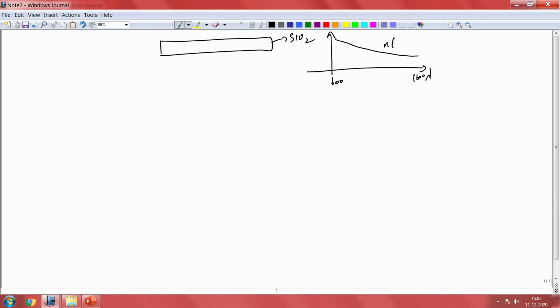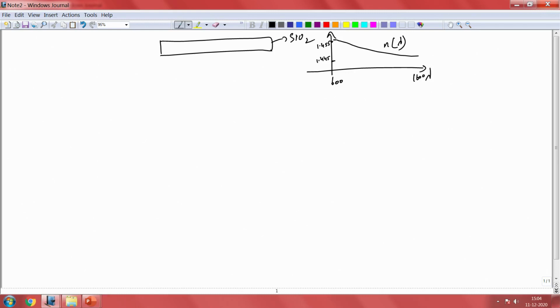So this is n as a function of lambda. The change is rather small, it can be anywhere between 1.455 to 1.445 in this range. So this is how the refractive index changes as a function of wavelength.